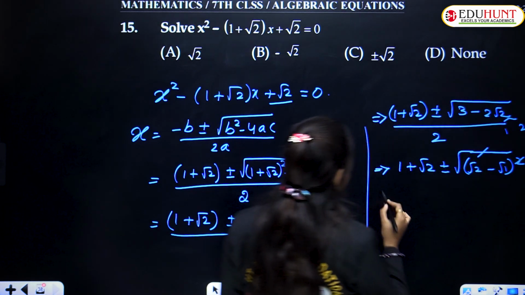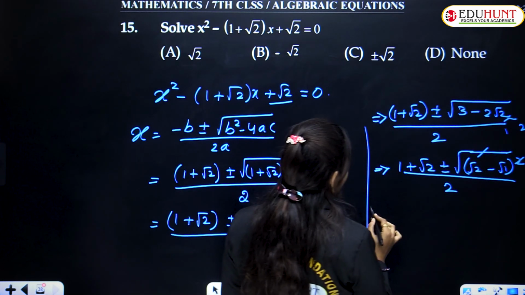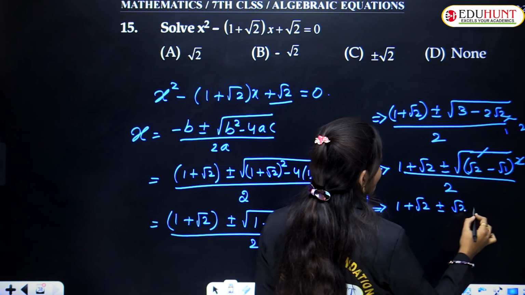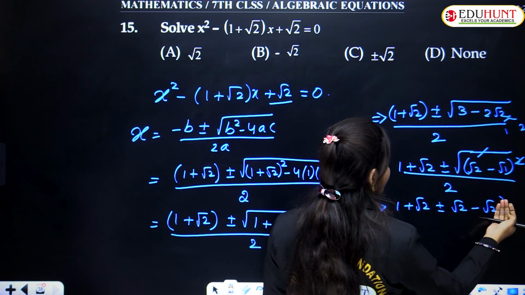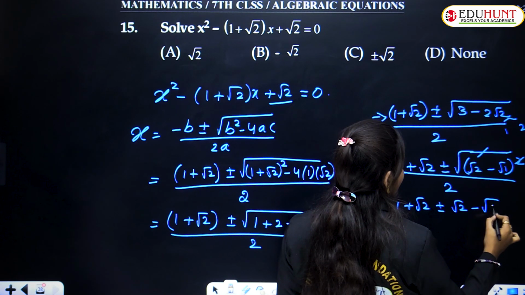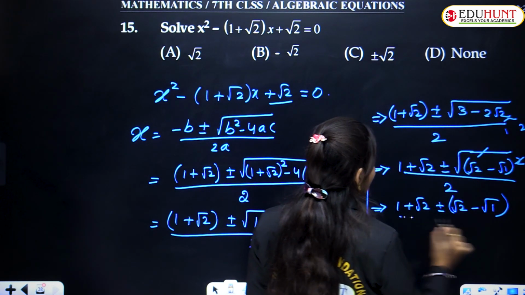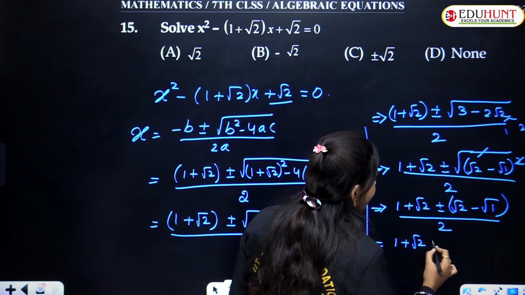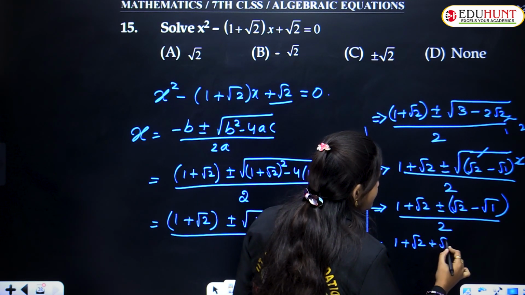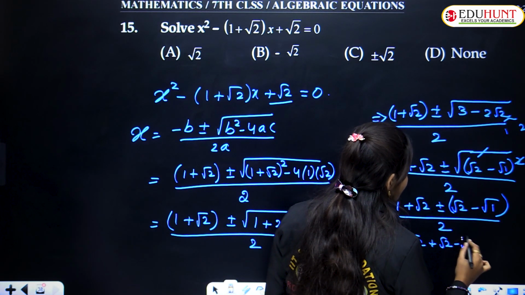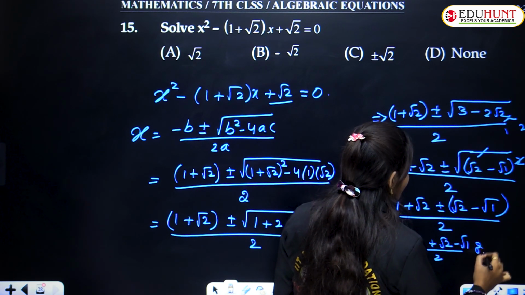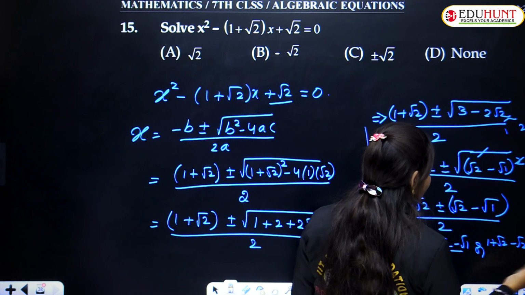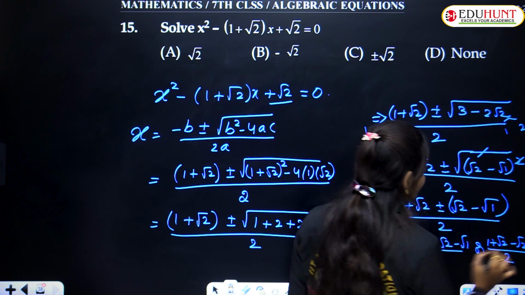Square and root get cancelled, whole by 2. So which equals 1 plus root 2 plus or minus root 2 minus root 1, whole by 2. Here first I am taking the positive: 1 plus root 2 plus root 2 minus root 1 by 2, or 1 plus root 2 minus root 2 plus root 1, that is 1 only, no, whole by 2.